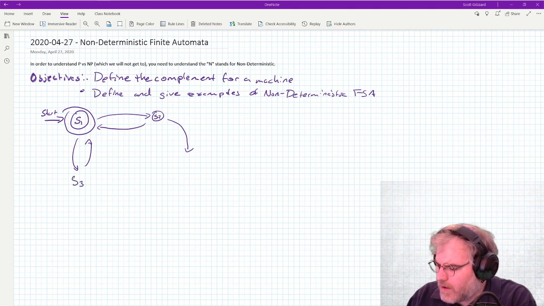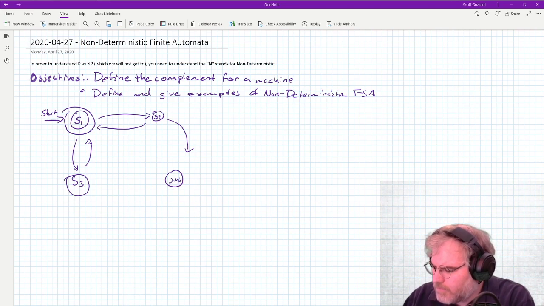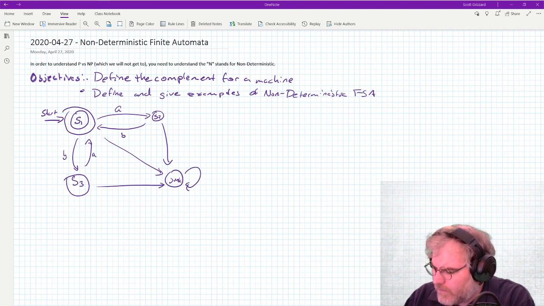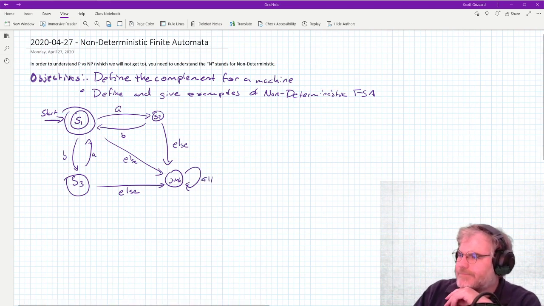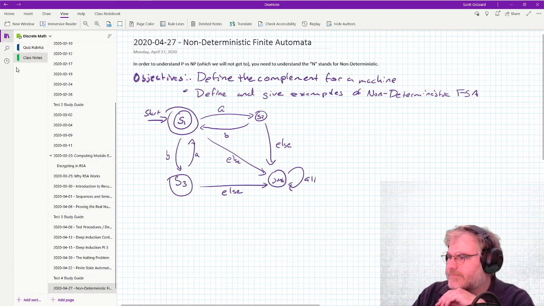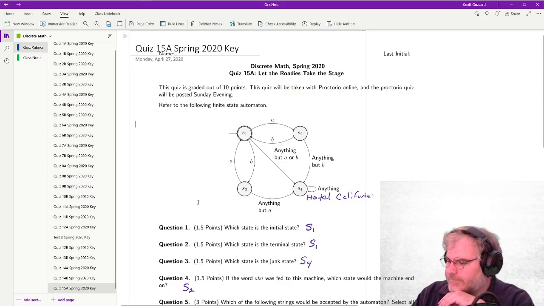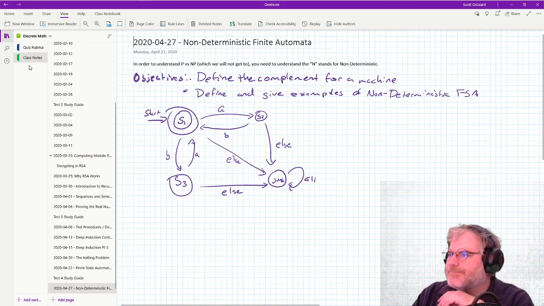And here was junk. I think this was A, B. This one was B, A. This one was else, else, else. All right, does that look correct? Yeah. Okay.